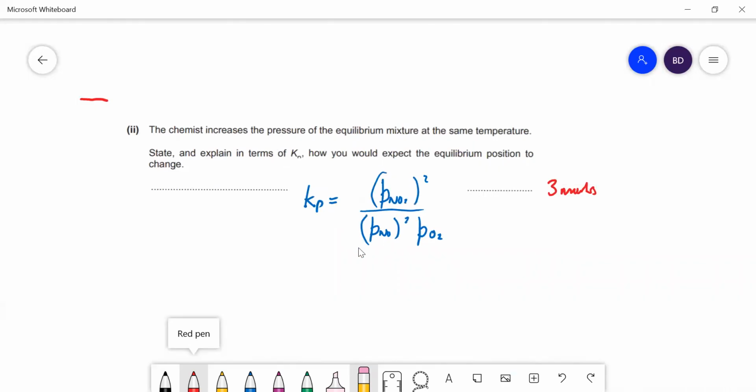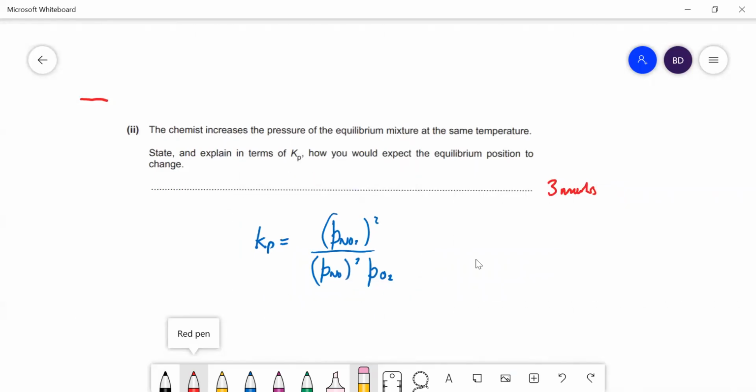Okay, so there's our expression for Kp. Now let's write down our equation: 2NO plus oxygen going to 2NO2.